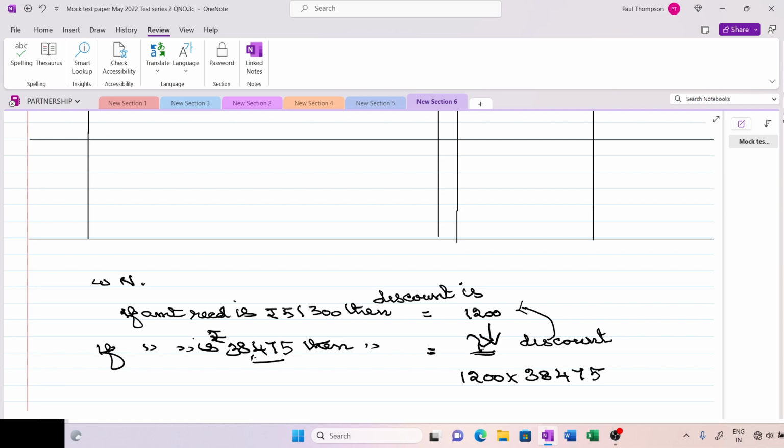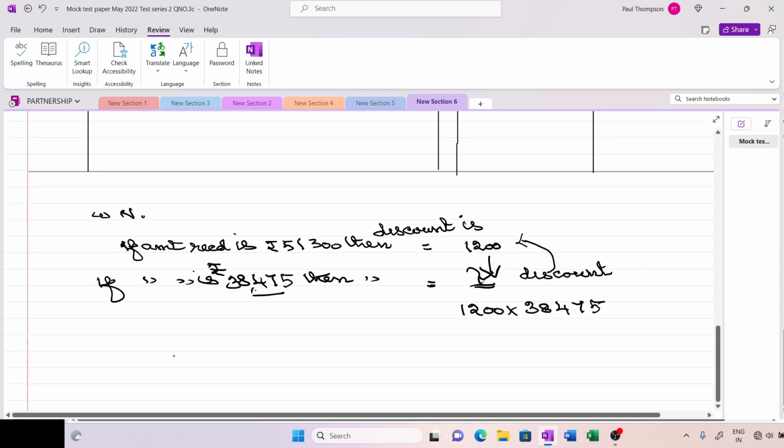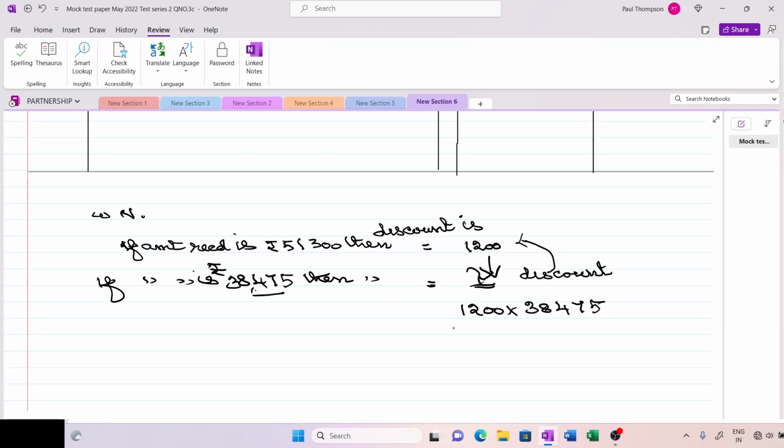This line will go to the multiplication and the first line will go to your division. 51,300. So if you calculate, this will be your 900. So this is the discount amount he has deducted and he made the payment.